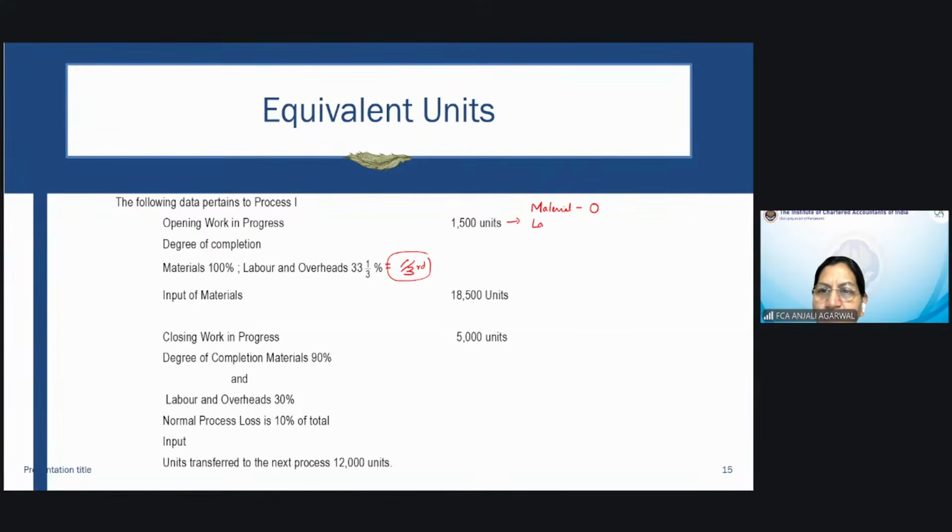However, labor and overheads were one-third complete, or 33 1/3% complete. So for labor and overheads, you will need to work two-thirds on these units, or 66.67% efforts are required. So 1,500 units and 66.67% or two-thirds efforts are required.